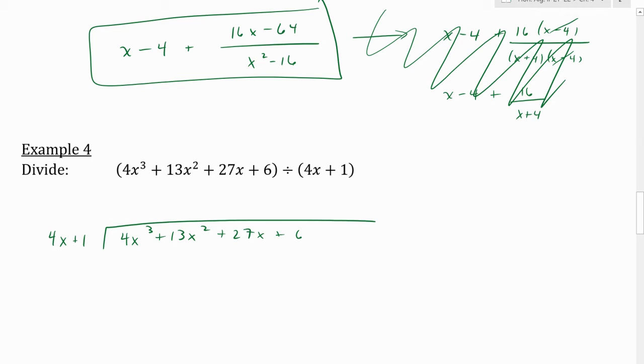Okay, so what do you multiply 4x by to get 4x cubed? That would be just an x squared. Hopefully you're sitting going, whoa, what's she doing? That didn't make any sense. So this will leave a 12x squared. That looks better. Okay, so then I need a positive 3x to get that 12x squared.